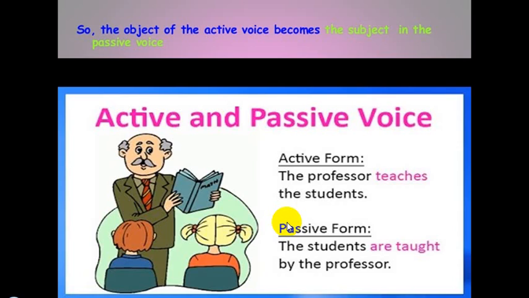The object always comes after the verb. The students are. Yes, verb to be are. The students are taught. Past participle of the verb teach is taught. The students are taught by the professor. By the professor. Excellent.